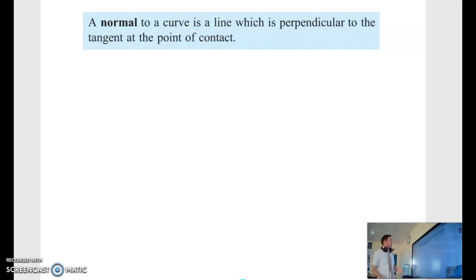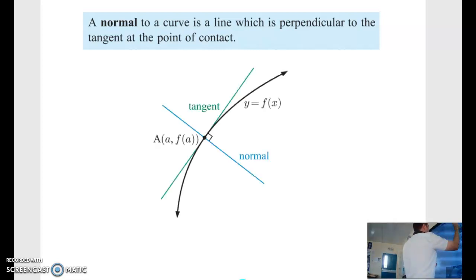Basically, a normal to a curve is a line perpendicular to the tangent at the point of contact. So let's have a look at that visually. A tangent touches the curve at just one point, the point of contact there, and a normal to that is just perpendicular to that.